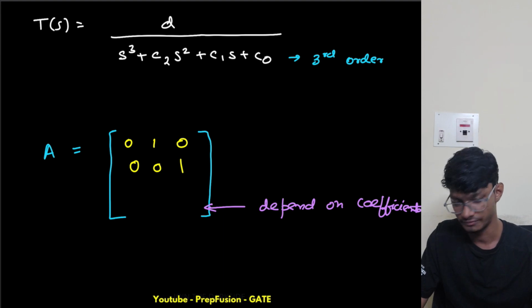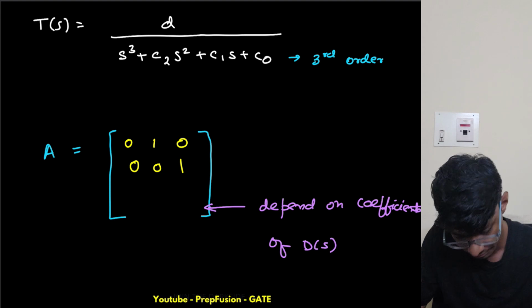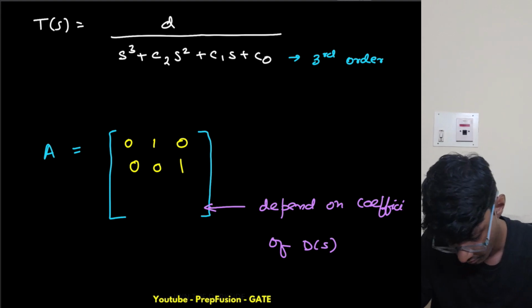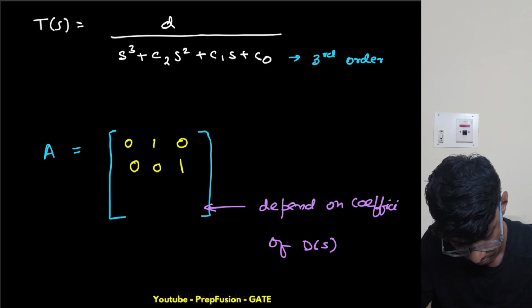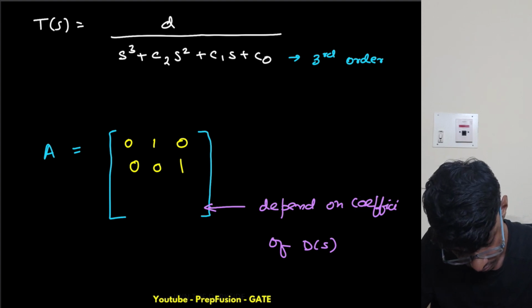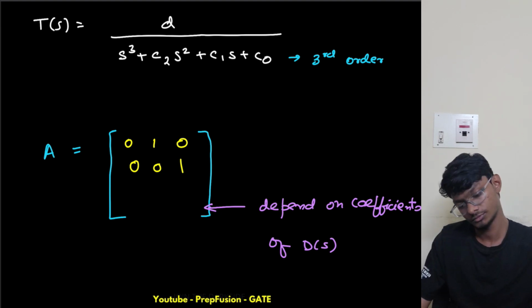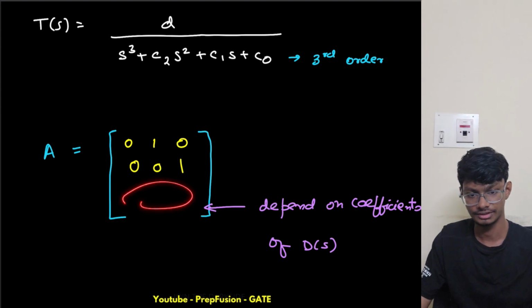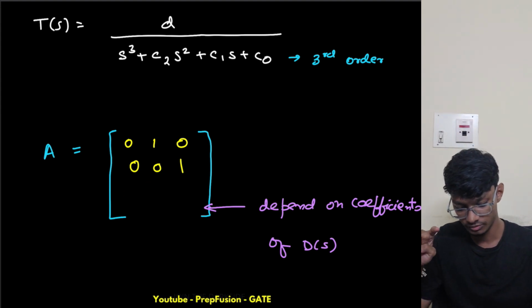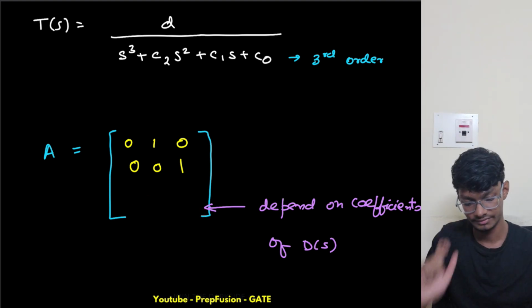Sorry, I was checking if it is recording or not. The coefficients of the denominator. So what will this be? This goes from here, so I go in the opposite direction and write the negative sign.